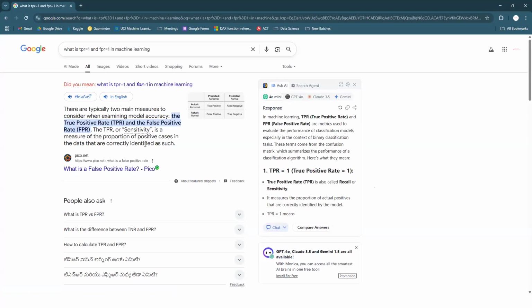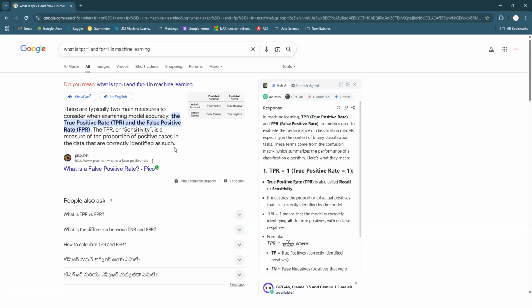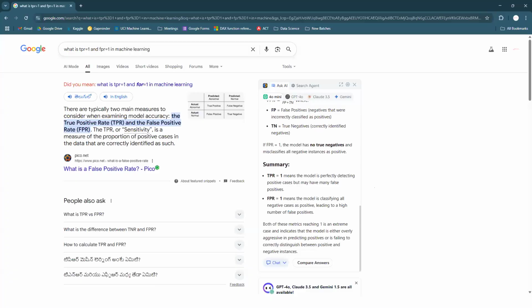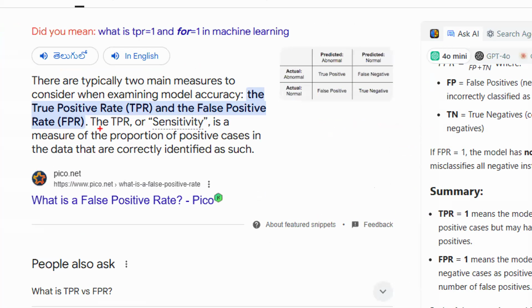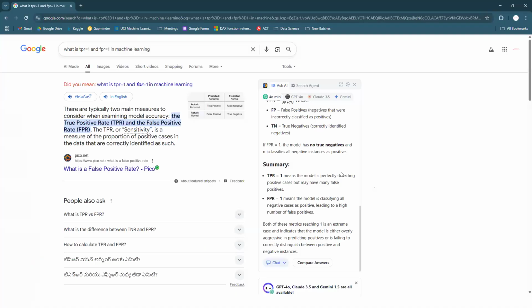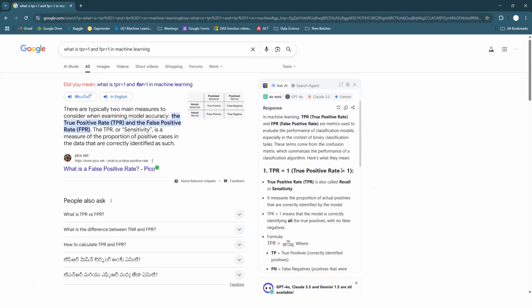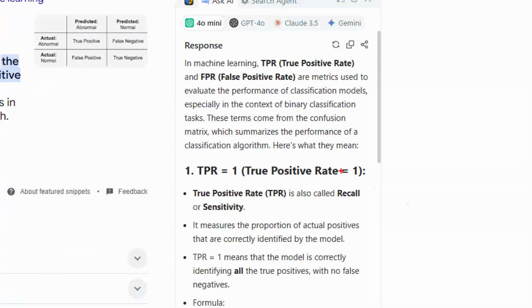Don't worry about that. TPR equal to 1 and FPR equal to 1 means that all samples are predicted as positive. If both of them are high, it means all samples have been predicted as positive. That is the meaning.